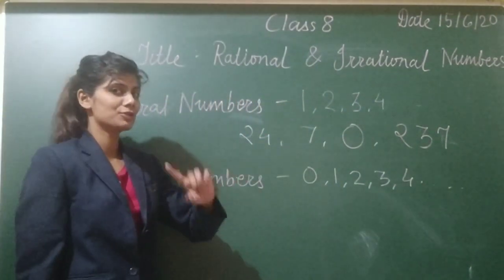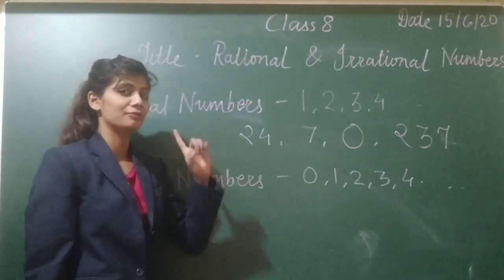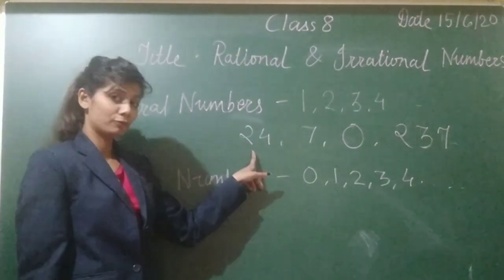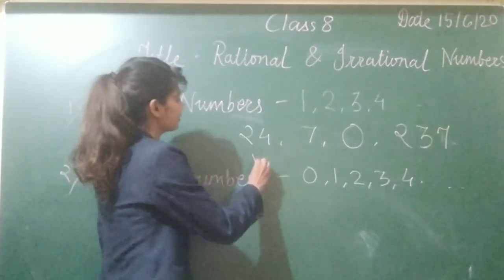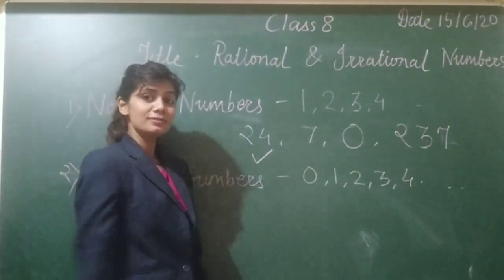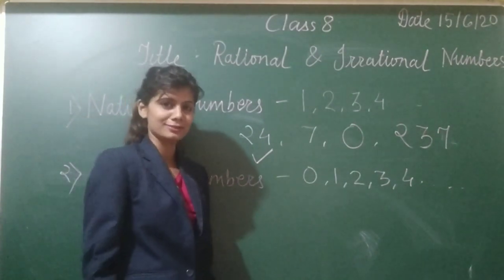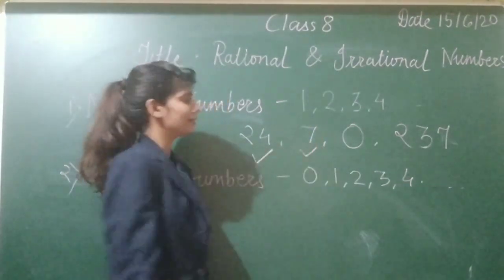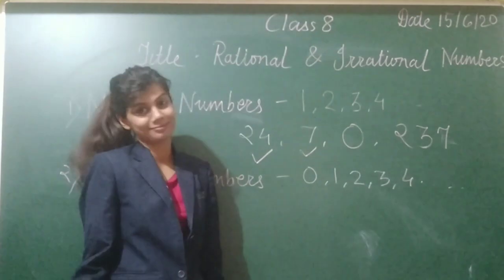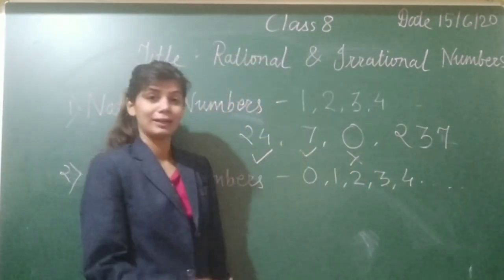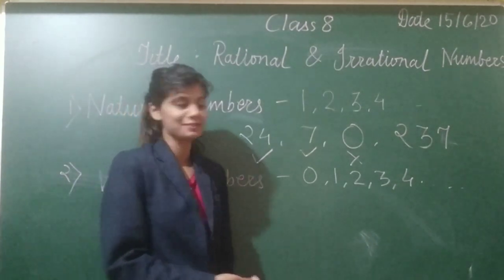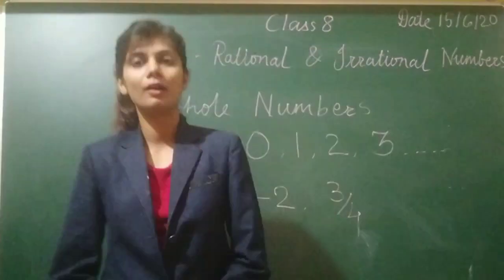So you have to tell me which number is a natural number and which is not. 24 we use while counting, right? So it is a natural number. 7, do we use 7 while counting? Yes, natural number. 0? No. So 0 is not a natural number. And 237, yes, it is a natural number.